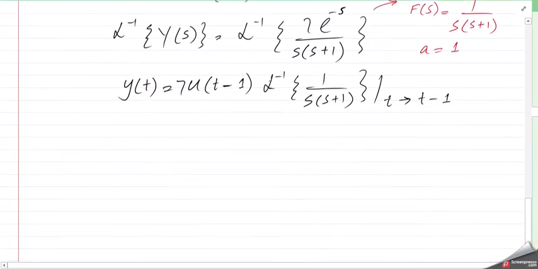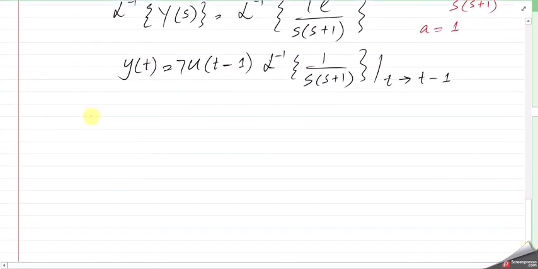How do we do the Laplace inverse of 1 over s into (s plus 1)? If you remember, we had to use partial fractions. So here we have to use a over s plus b over s plus 1. It's very easy.